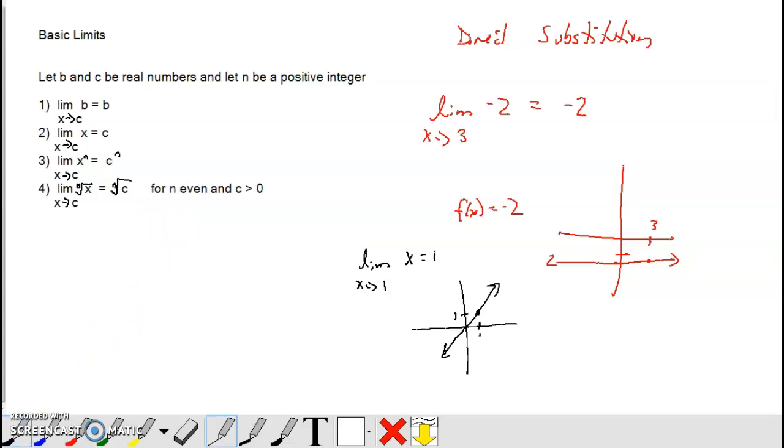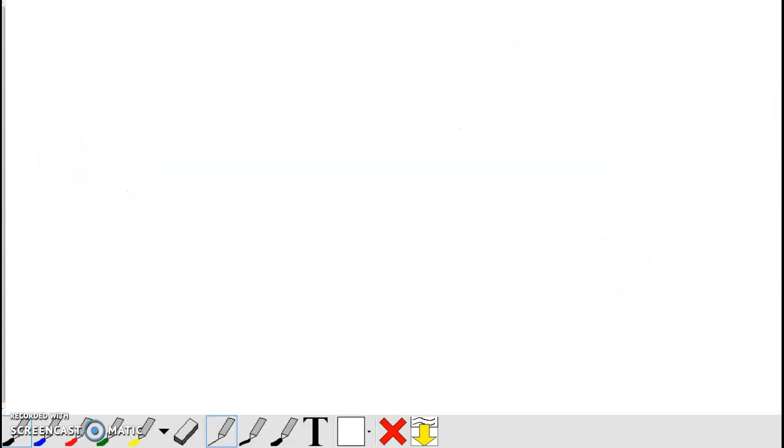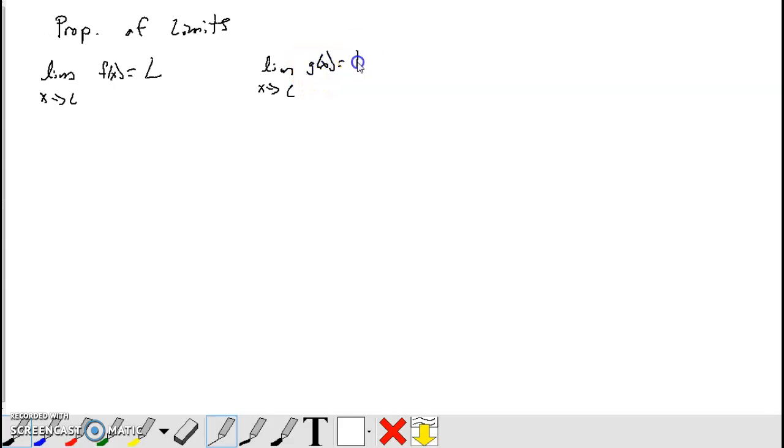All right. The next ones were a little bit harder to write out like this, so I'm just going to write them by hand. And these are properties of limits. If we have multiple limits, we can say the limit as x approaches c of f of x, we're going to call that one L. And then the limit as x approaches c of g of x, a new function named with a different letter, we'll call k.